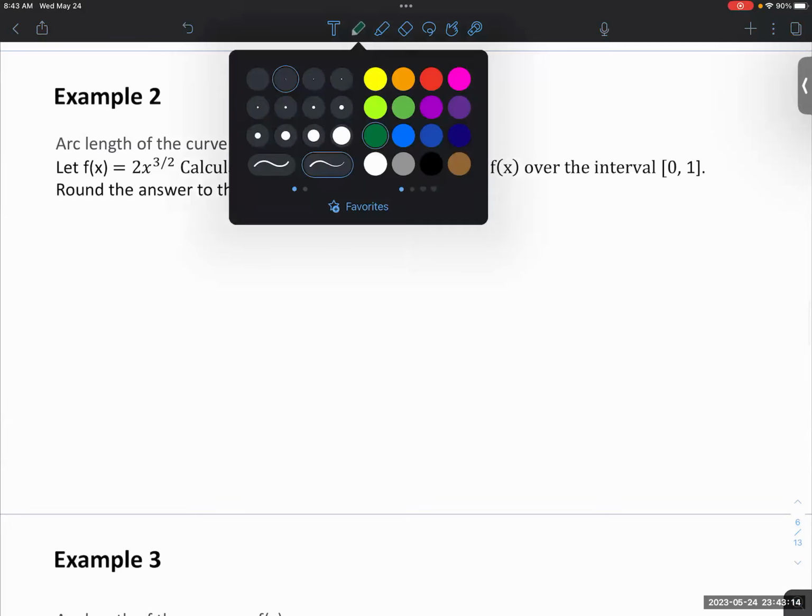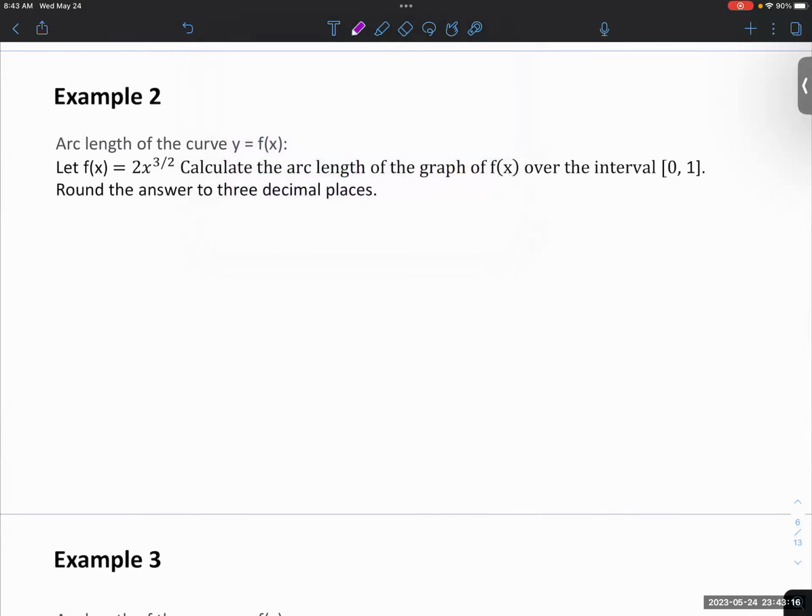I'm going to find the arc length of the following function from 0 to 1. Same idea. This is another curve function: y equals 2 times x to the 3 over 2, and they're looking for the arc length from 0 to 1.